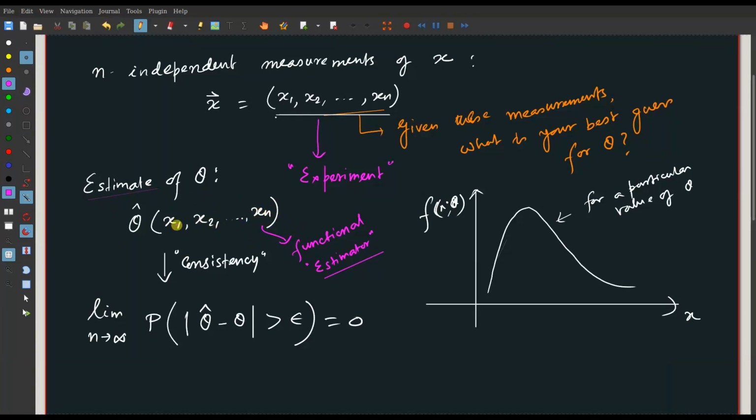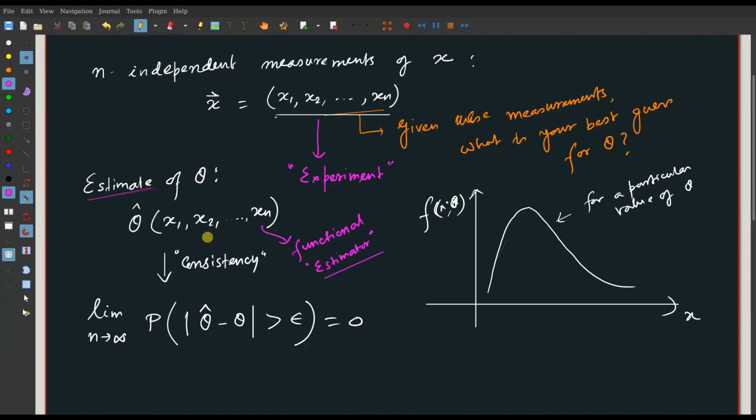But when I plug in my actual measured values of these n quantities, what I get is an estimate of theta. Remember, the true value of theta, denoted by just theta without any suffix or prefix, is still unknown.